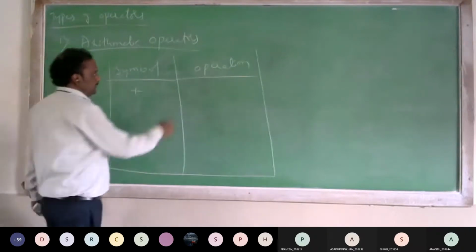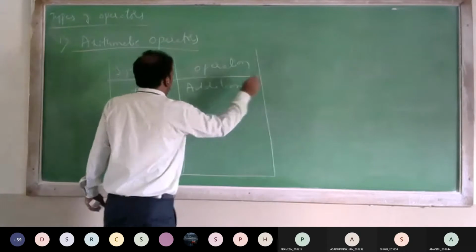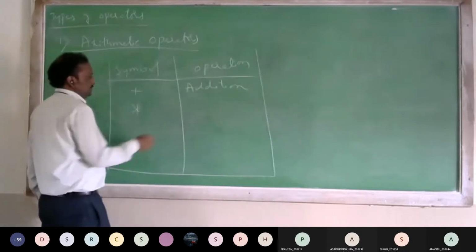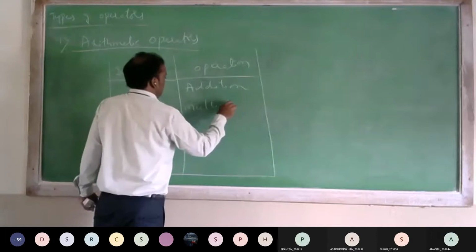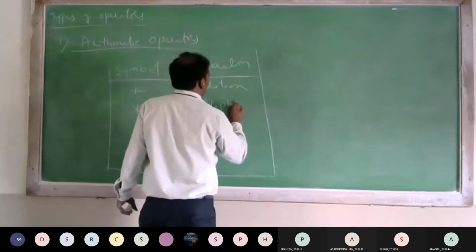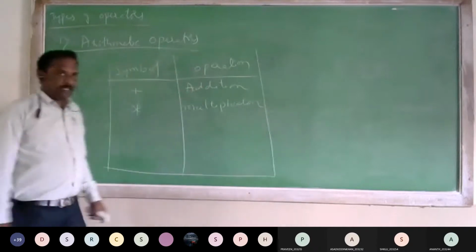Plus is the symbol used for addition. Star is used for multiplication.